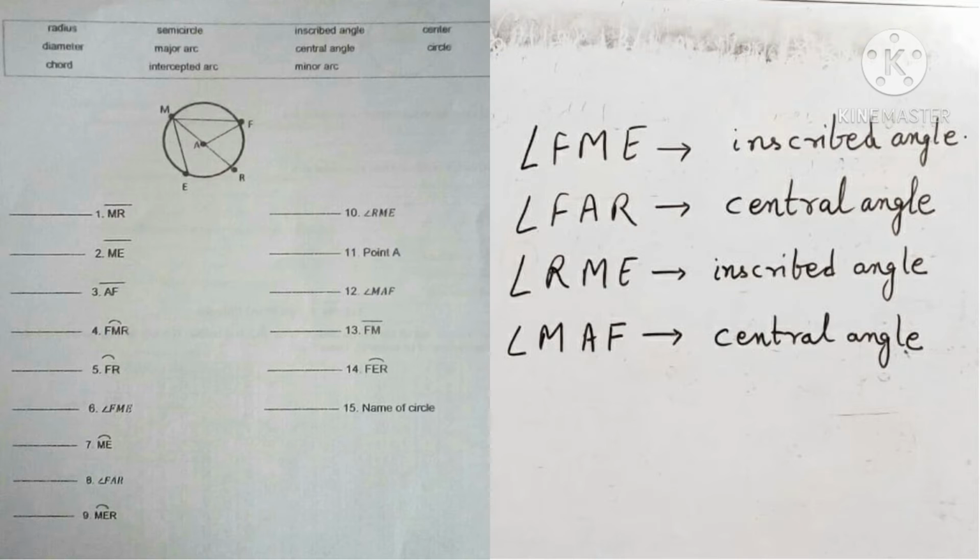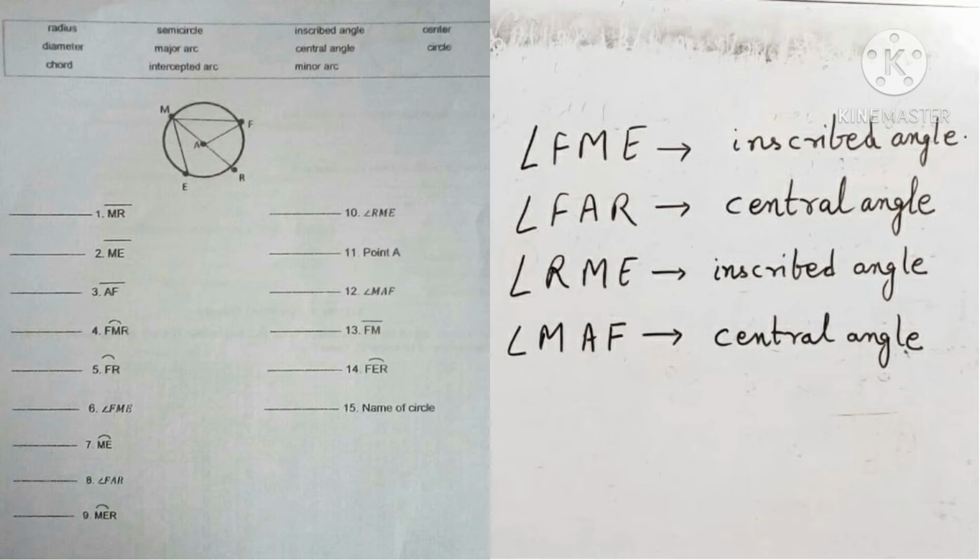Similarly, when we observe the fourth one, MAF, M and F both are on the boundary of the circle and A is the center of the circle. So angle MAF is also a central angle. Now the remaining 2 angles, the first one, angle FME. Now F lies on the boundary of the circle, M also lies on the boundary of the circle, and E also lies on the boundary of the circle.